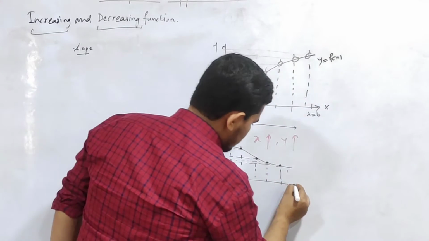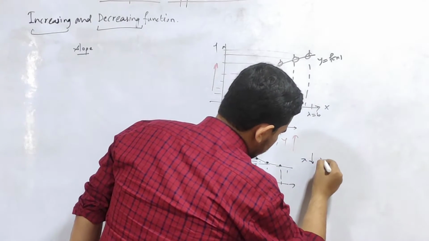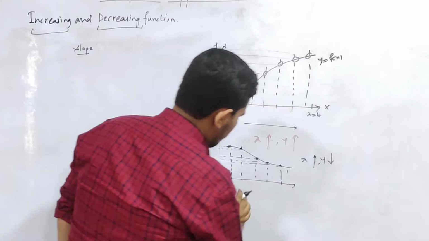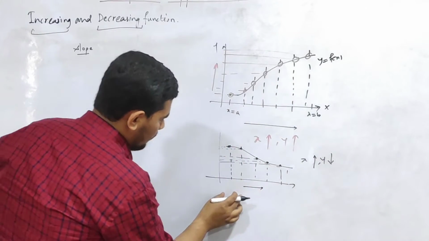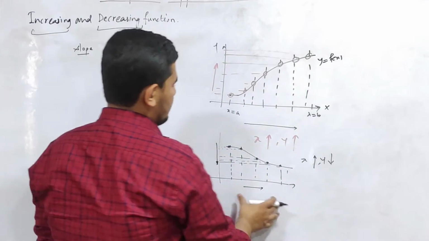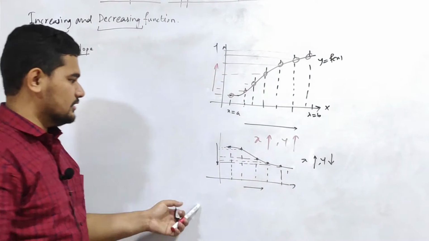So this is an example of a decreasing function, where x increases from left to right, but the values are moving downward. So the concept behind increasing and decreasing function is this.